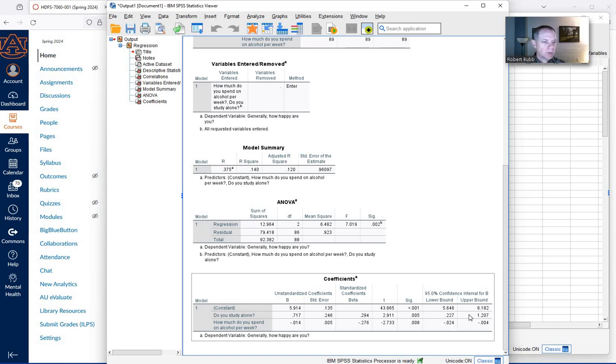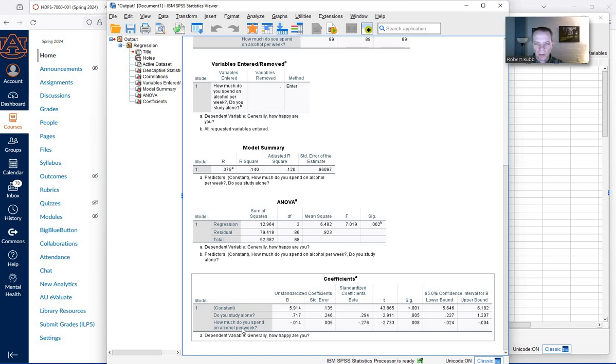Okay, so what if your predictor is a continuous predictor? As you might remember from last semester, that changes how we talk about the coefficient. So in this particular case, our other predictor is how much money do you spend on alcohol per week? And we get a coefficient of negative 0.014.